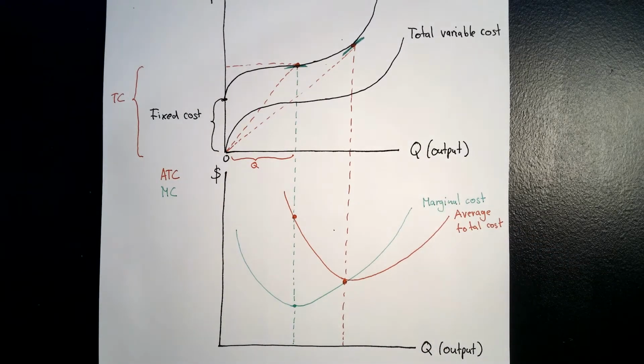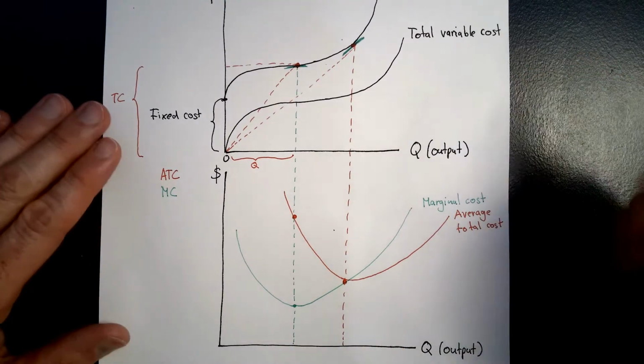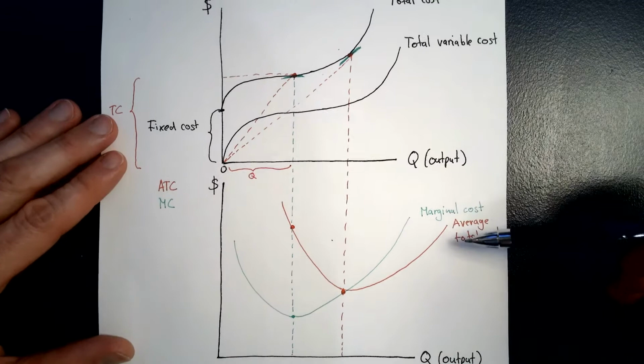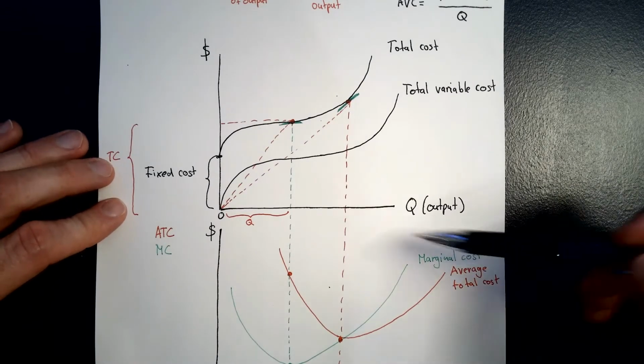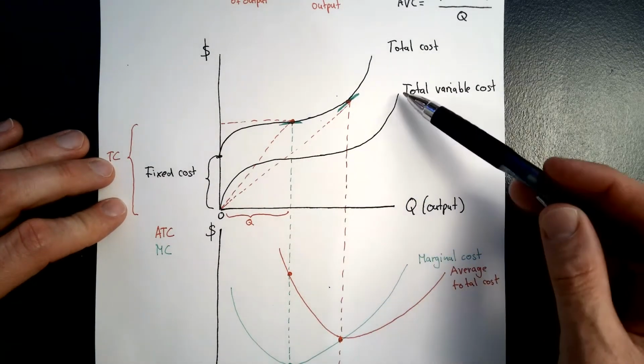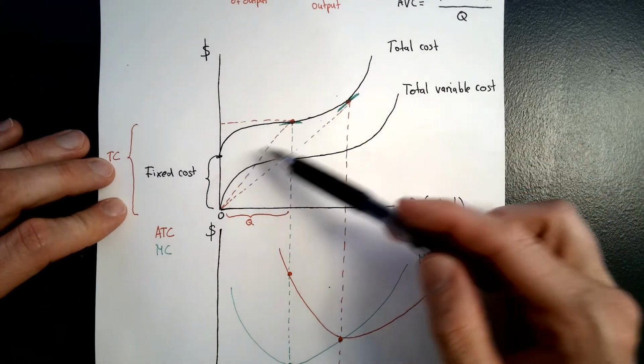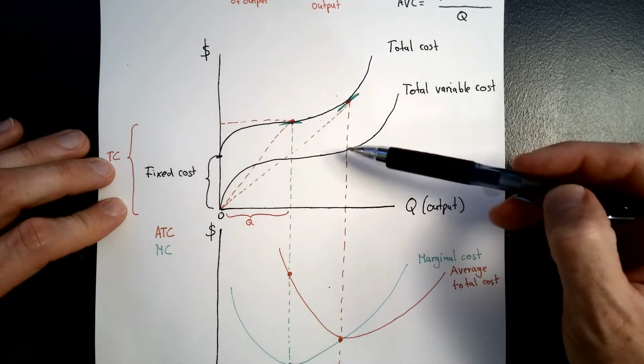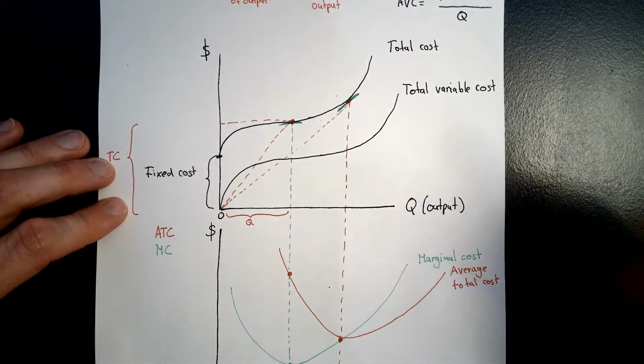Now note that what I have not drawn in this picture is what is called the average variable cost. Here the marginal cost is independent of which function I take, whether it's the total cost or the total variable cost, because both of them are parallel.